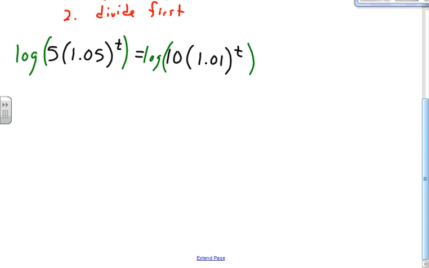Now we see that really what we have here is the log of 5 times 1.05 to the t and the log of 10 times 1.01 to the t. That means we can use the product rule, and that turns into the sum or addition of logs.